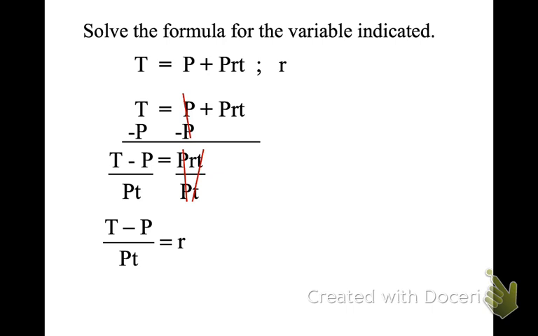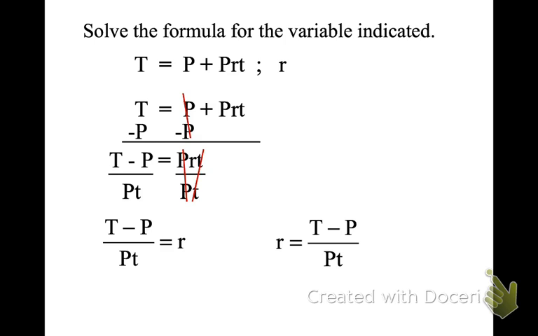Plus, this is what's going to be in my answer key. Okay? So just stop there. Don't try and cross-cancel anything. Get your variable alone. That's where you're going to make mistakes. You're going to try and simplify too much. Because remember, big T is different than little t.